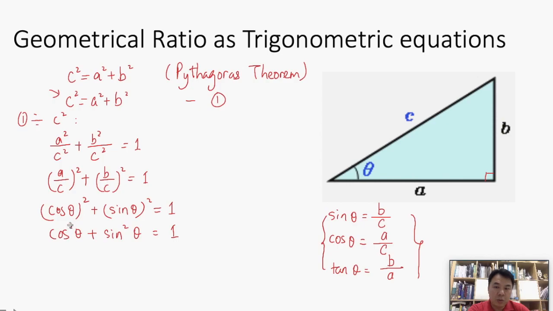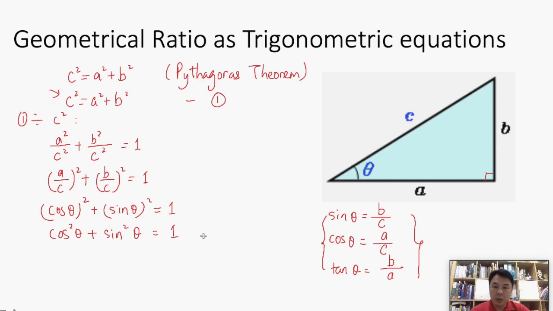So even though the square is on top of the cos, it doesn't mean that cos is one object and theta is another. You have to treat cos theta itself as an object. So we are actually squaring the trigonometric ratio cosine theta, and not squaring the cos in this case. I hope this is clear, just to prevent any confusion.